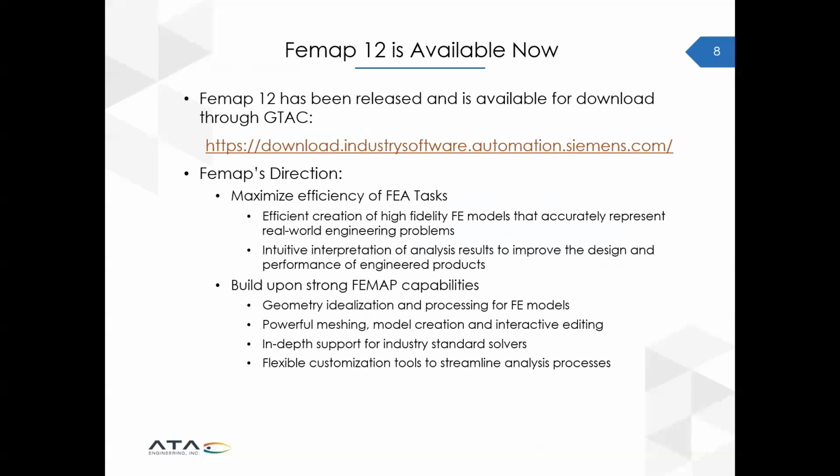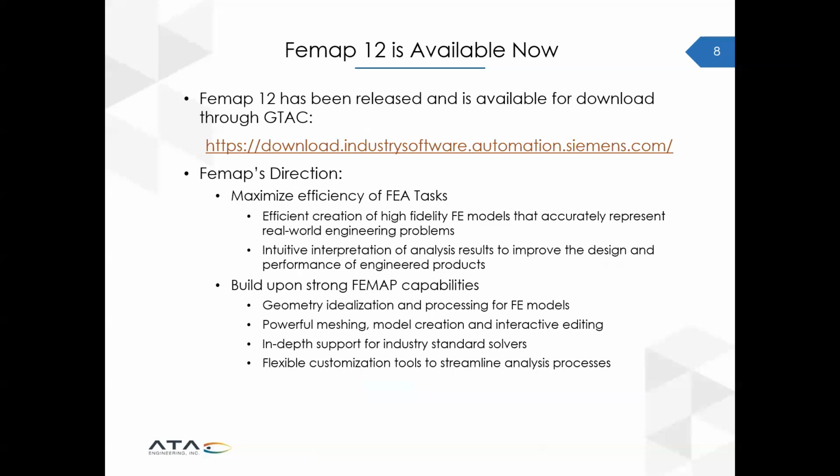In addition, we'll accomplish all that just by continuing to build upon the capabilities that Femap is already really strong at. So that includes geometry idealization and processing. We'll have more powerful meshing enhancements, including some more interactive editing, and we'll take a closer look at that today as well.